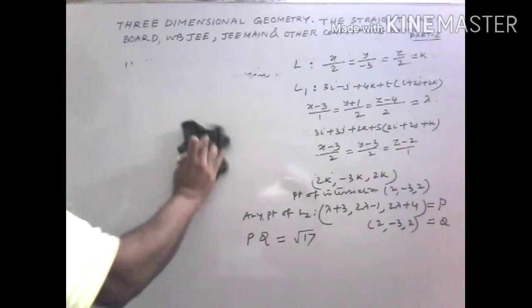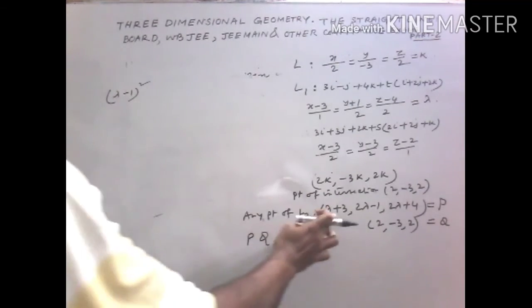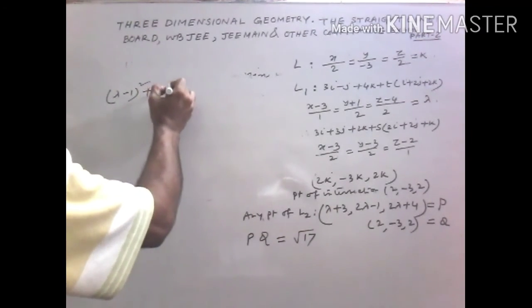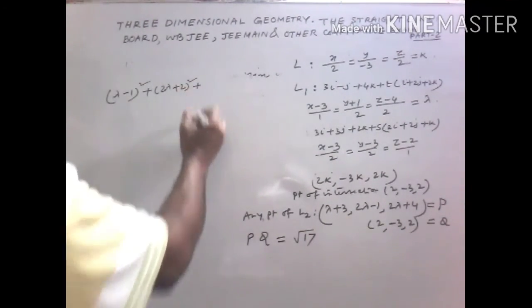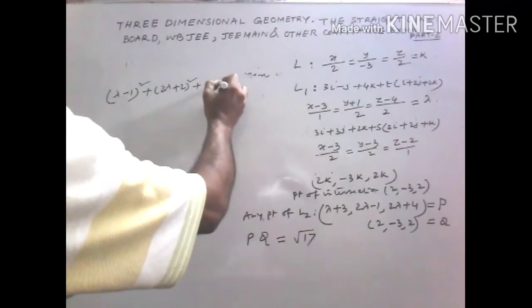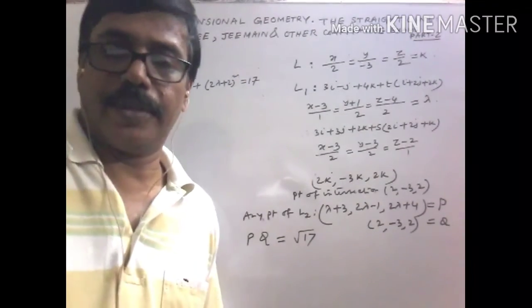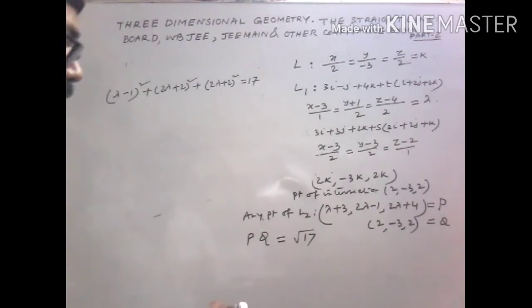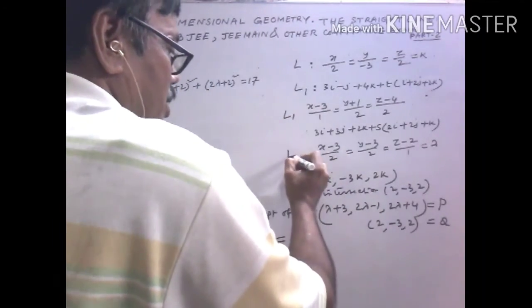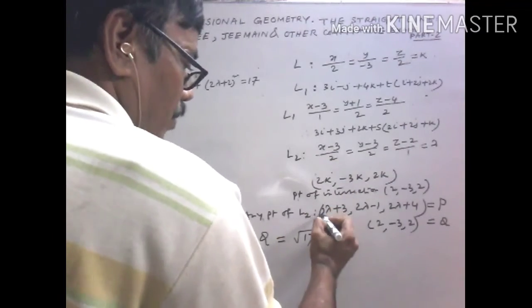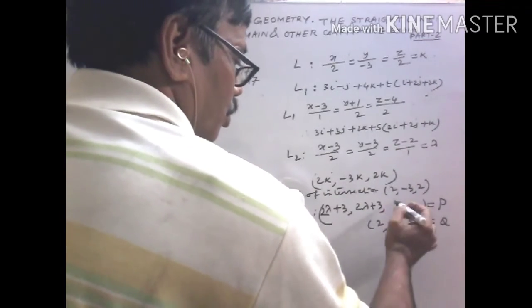So solve this equation. Any point on L2 will be 2 lambda plus 3, 2 lambda plus 3, and lambda plus 2.